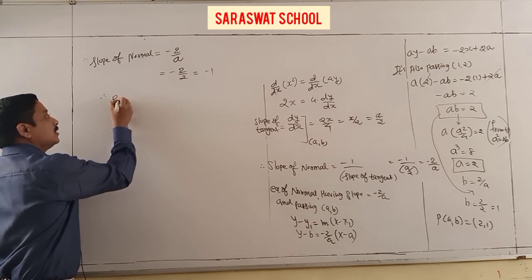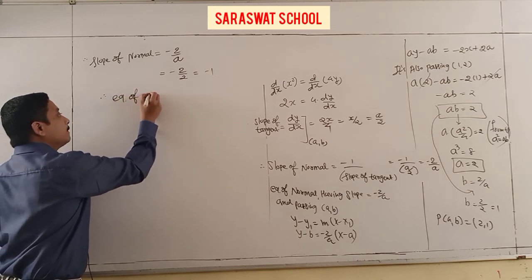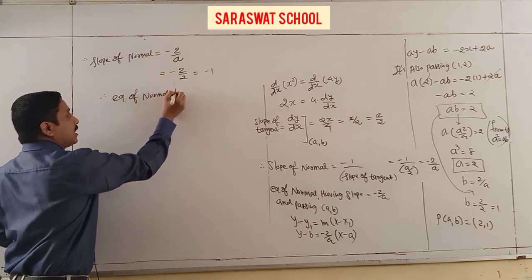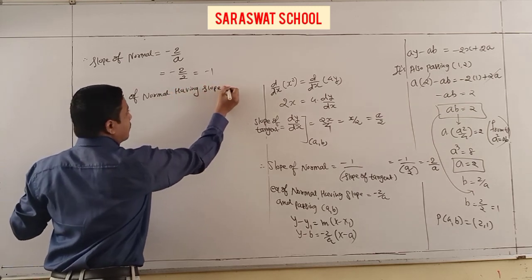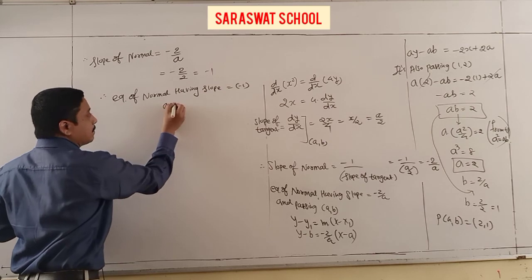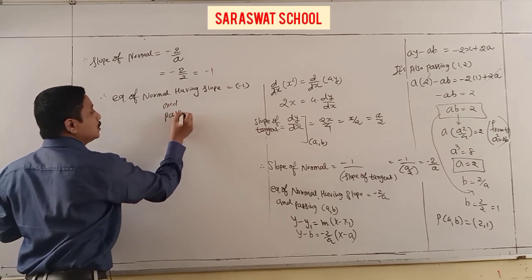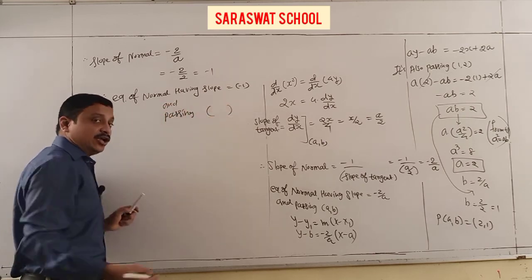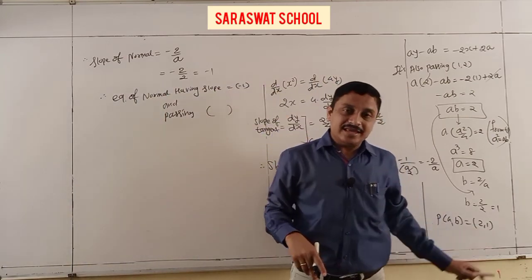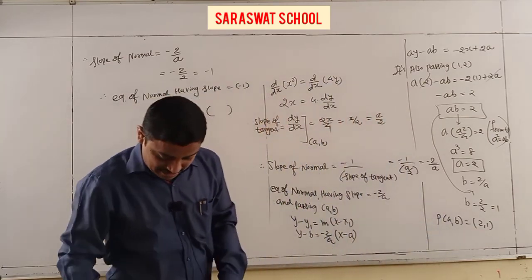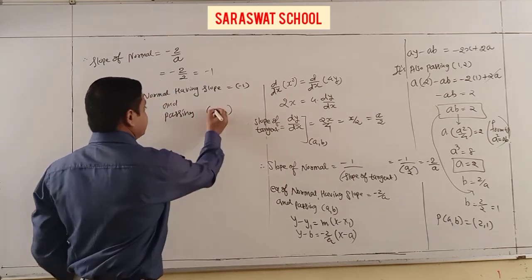Therefore the equation of the normal has slope minus 1 and passes through a point. Students, here you take the point according to the given question, that is 1 comma 2.